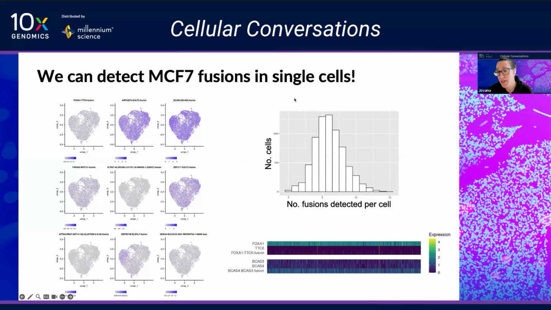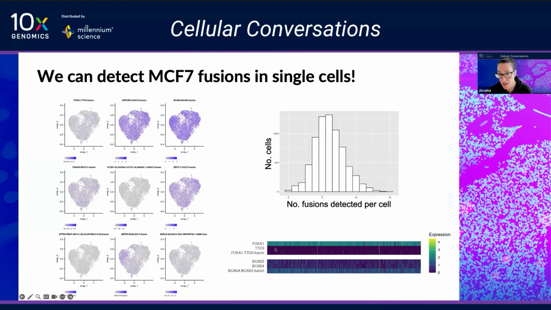And what we could also do, which you basically couldn't do before, was see which fusions were being co-expressed in the same cells. We could see that on average, MCF7s were expressing, or at least we were detecting the expression of, at least 5 to 6 fusions per cell, but some had many, many more than that.